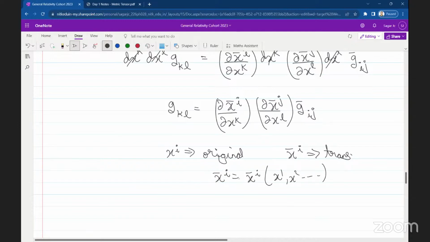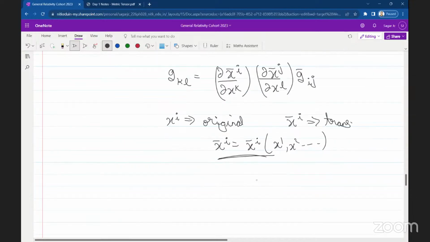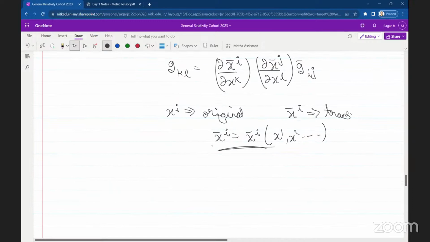This is a transformation that I have chosen, but for a coordinate transformation there has to be something called an inverse coordinate transformation, right? So an inverse coordinate transformation exists for every coordinate transformation. Only if the inverse exists is such a transformation called a coordinate transformation.